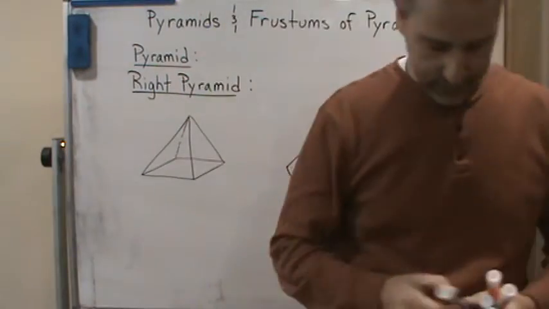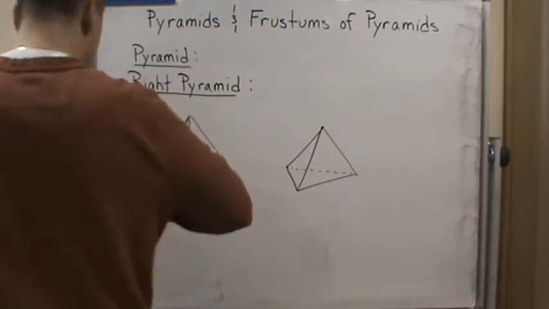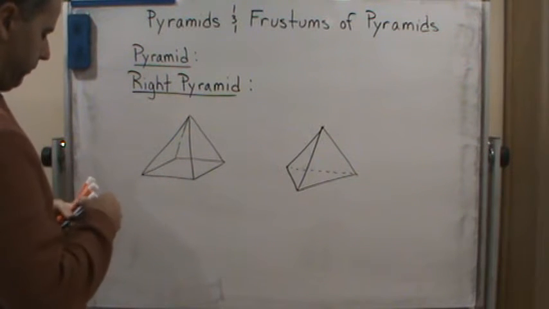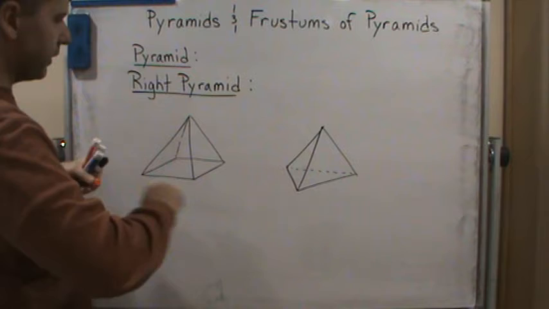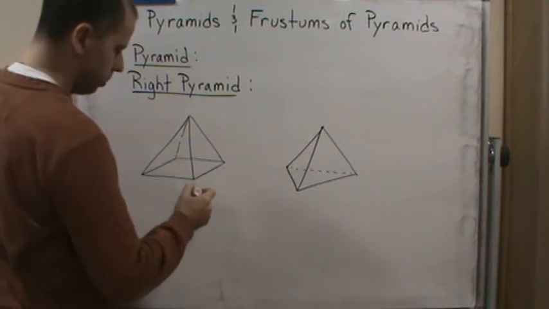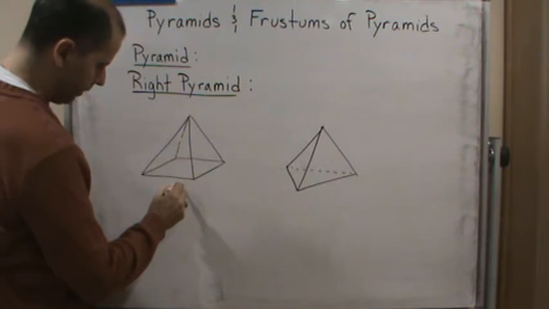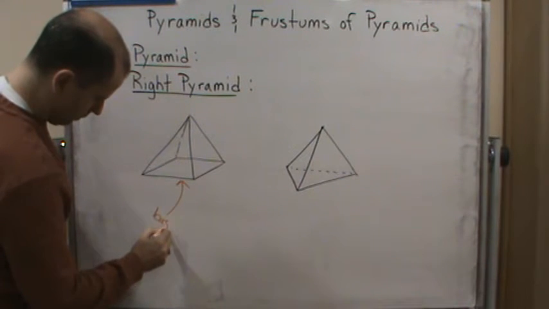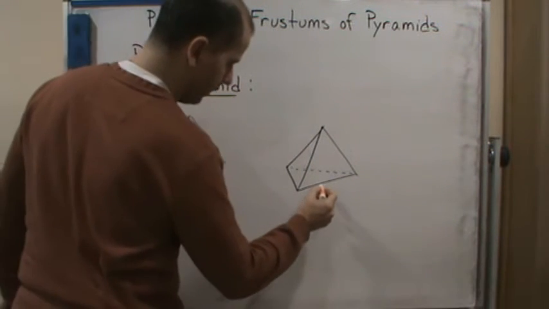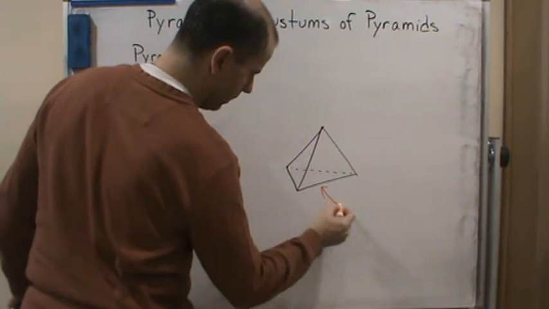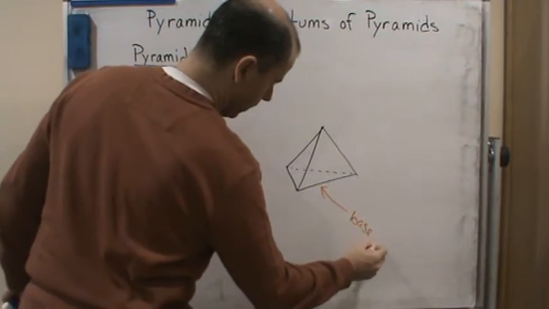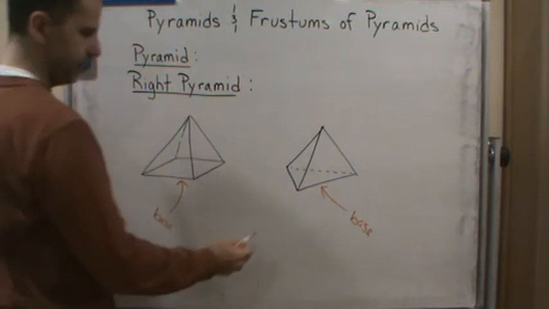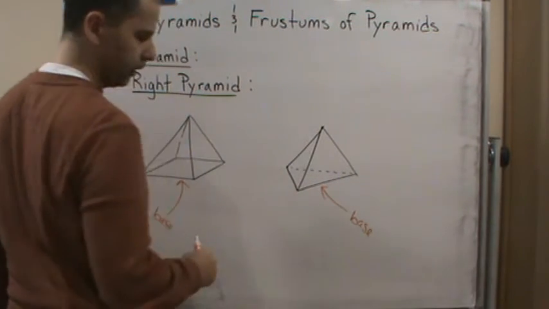Okay, so for example, these are examples of pyramids. So now this here is the base. Notice that this base is rectangular and this base is triangular.